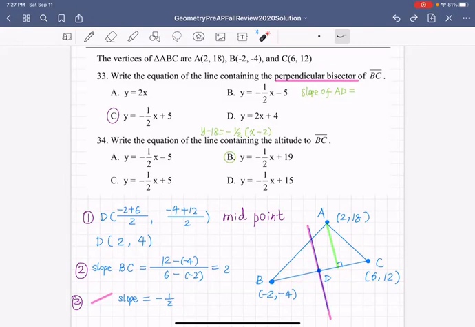Can you first find out the midpoint of this D? How do we calculate the D? B is this, C is this. How much is D? Go ahead. It's BD plus DC. No, we did it at the very beginning, the midpoint formula.